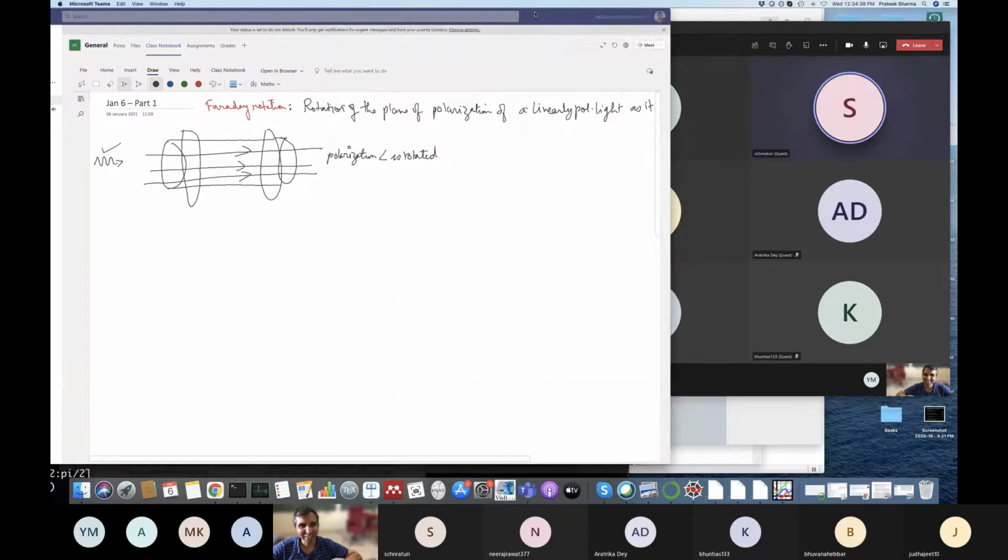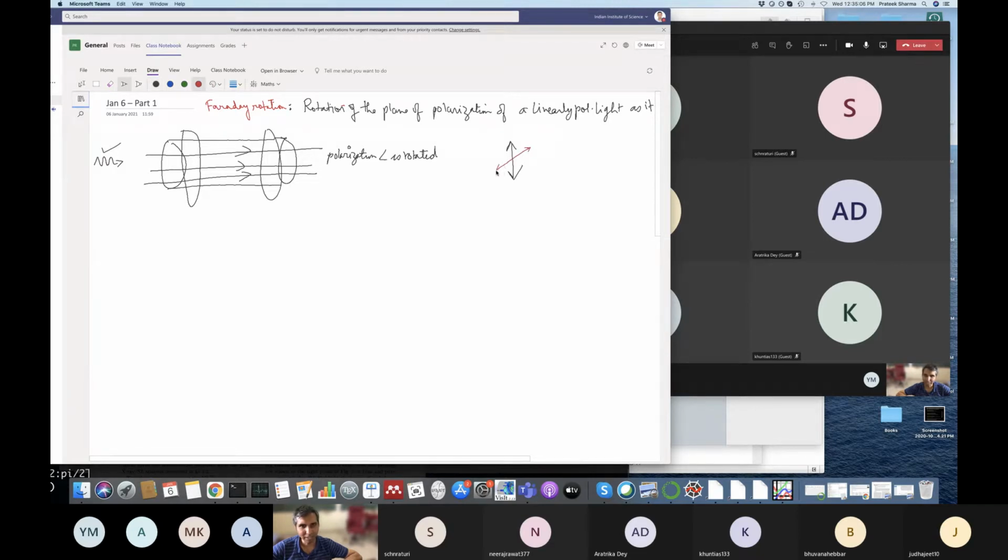See, this is a beautiful physics which has such great applications. So, if you have magnetic fields along the line of sight, along the propagation of light, what happens is that if it was polarized like this before going through this medium, after going through this medium, it will be polarized like this.